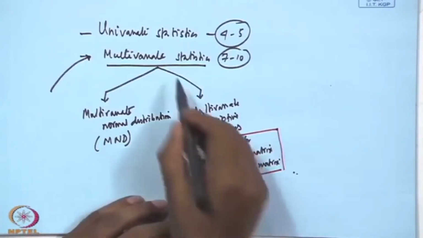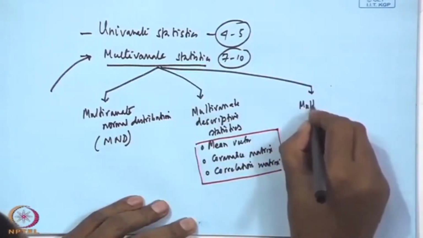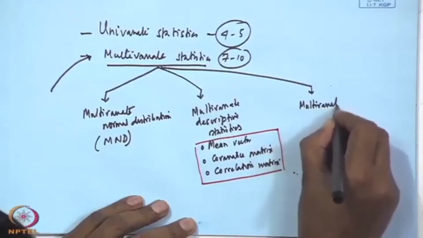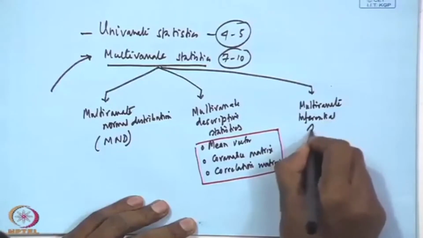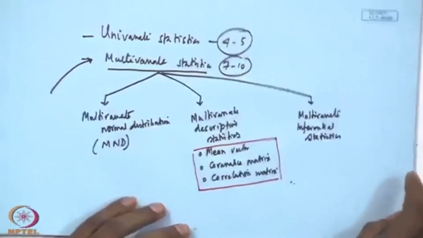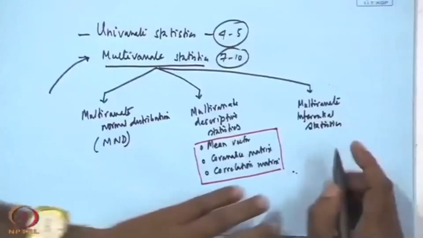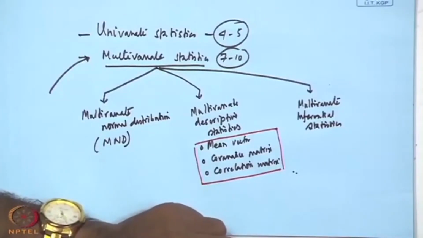Then under multivariate statistics, the next issue is multivariate inferential statistics. Under this, what are the things we will be covering?